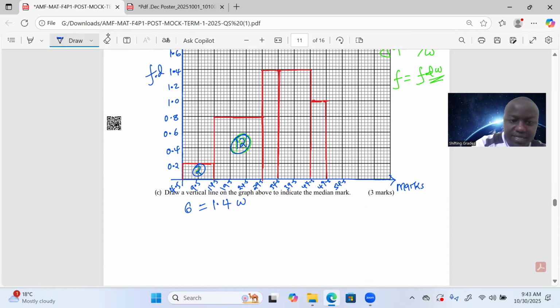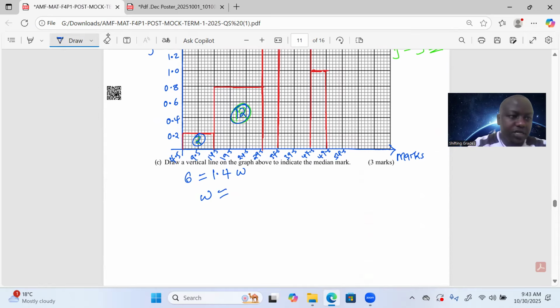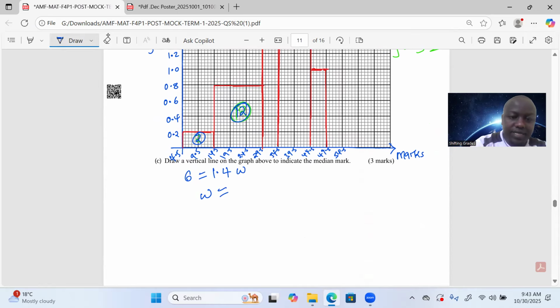So W equals 6 divided by 1.4, and that is 4.286. That's what we should consider along the x-axis, so that when multiplied by the vertical height of 1.4, we get our 6. Roughly, this is around 4.3.